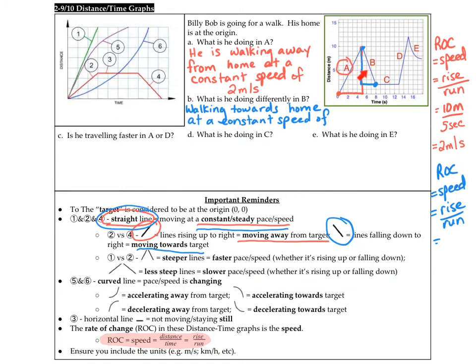So the fact that it's decreasing is more just a symbol that he is walking towards the target, not that the speed is negative. So we're going to keep the rise positive. It's going to be 8, and the run is going from 5 seconds up to 8 seconds. So the run is 3 seconds.